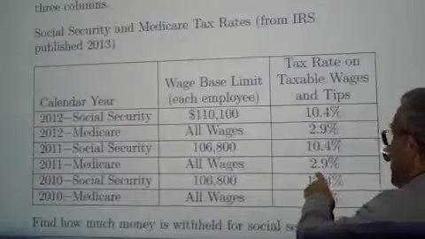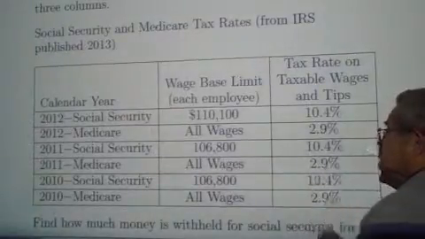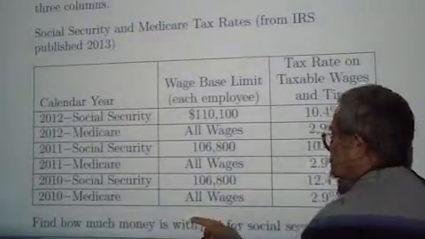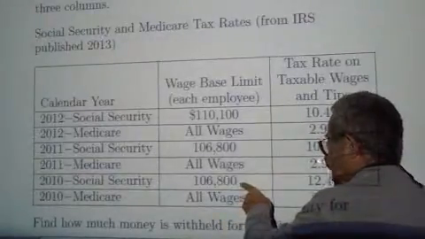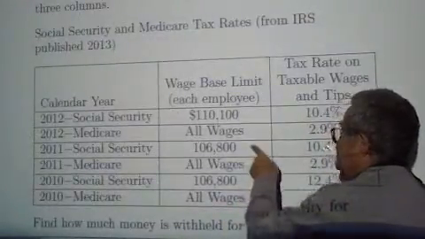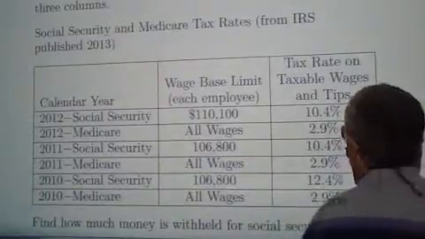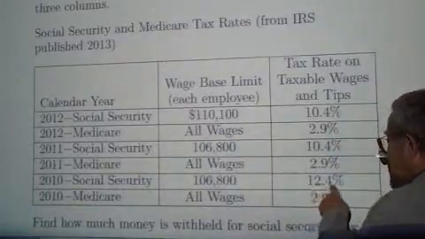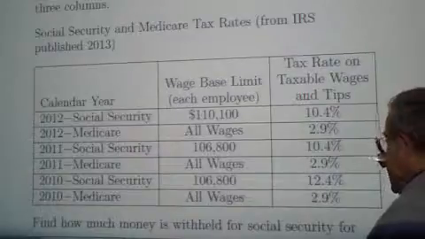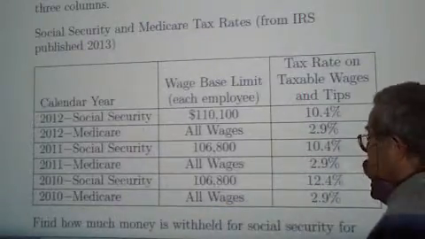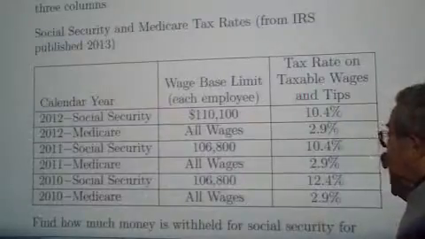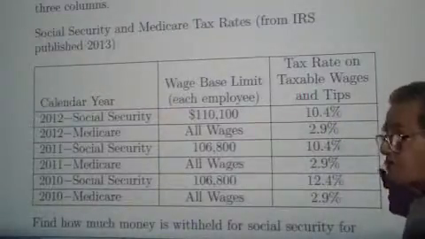Medicare, all wages at 2.9%, like previously. In the year 2010, Social Security, the limit was $106,800, like the previous year. And the rate was 12.4%, whereas Medicare did not change. All wages, 2.9%. You may want to copy this quickly.